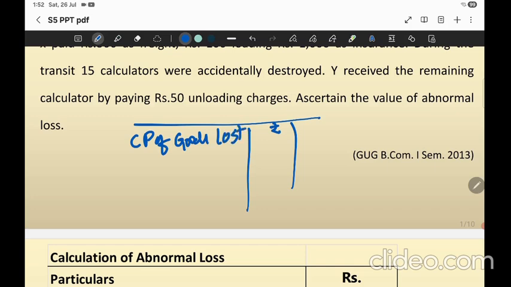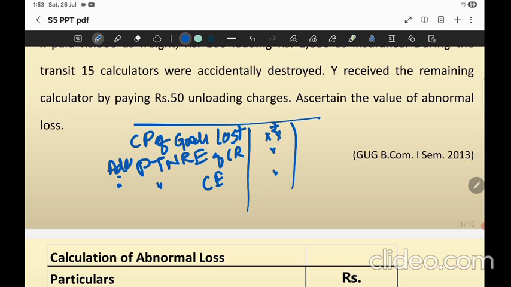Then we add the proportionate total non-recurring expenses of the consignor. Then we also add the proportionate total non-recurring expenses of the consignee. Consignor and consignee, both we will add.